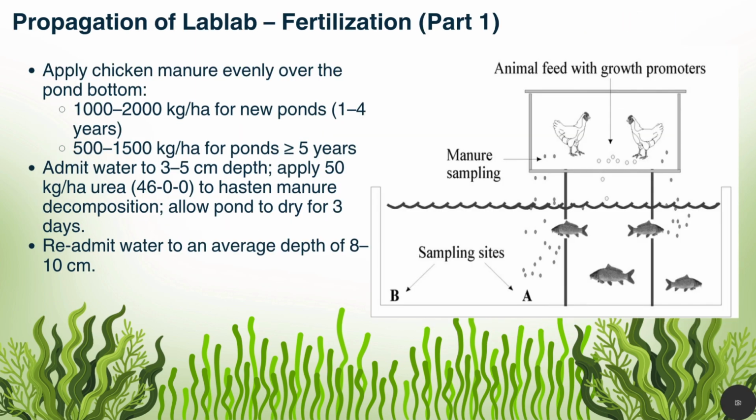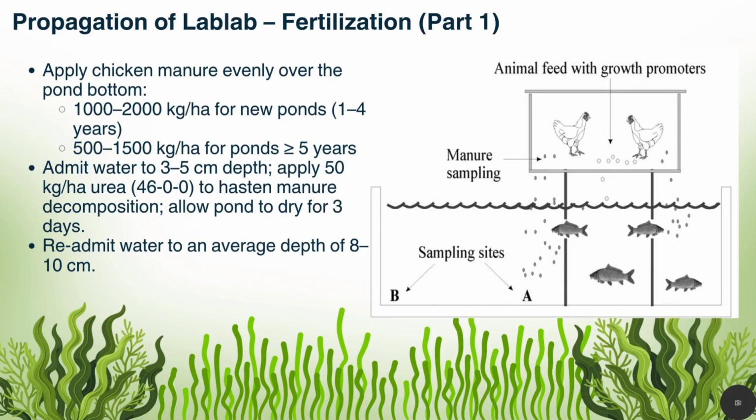When propagating lablab in a fish pond, fertilization begins with applying chicken manure evenly across the pond bottom. The recommended rate is 1,000 to 2,000 kg per hectare for new ponds that are 1 to 4 years in use, and 500 to 1,500 kilograms per hectare for older ponds.